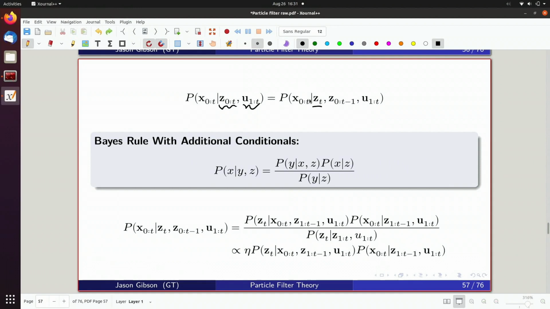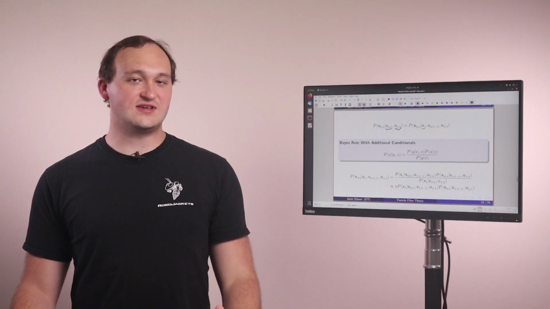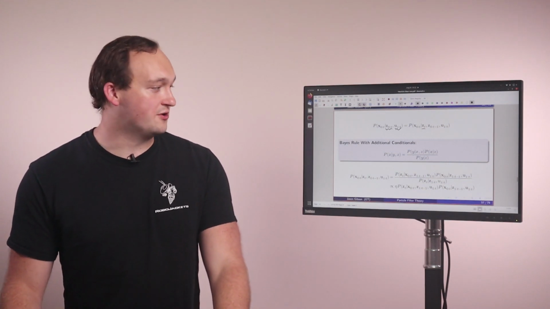Then we can use this slightly different form of Bayes' rule. We're going to have this conditional z, and it's going to remain conditional on the entire time. Remember, Bayes' rule allows us to write the probability of x given y as the probability of y given x, plus some other terms. This is the exact same equation, just if we leave it always conditioned on z. So you can use a slightly different formulation of Bayes' rule, as you can see here.